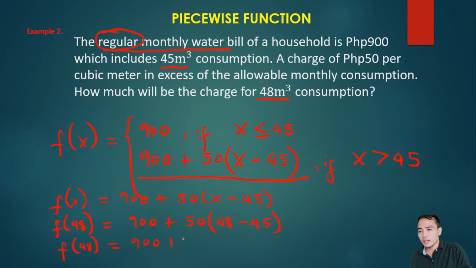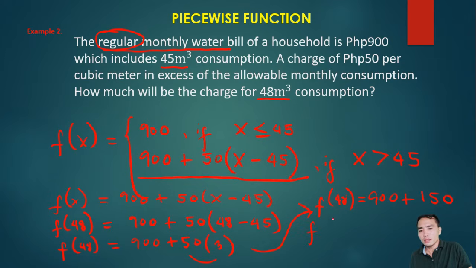900 plus 50 times 48 minus 45 is 3. Okay? Dito tayo sa kabila. So, f of 48 equals 900 plus 50 times 3 is equal to 150.